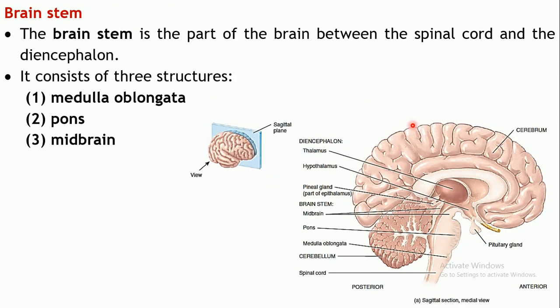In this video we shall consider the brain stem, and since the reticular formation is mainly associated with the brain stem, we'll talk about what exactly it is and what functions it carries out. To start with the brain stem, it is a part of the brain.